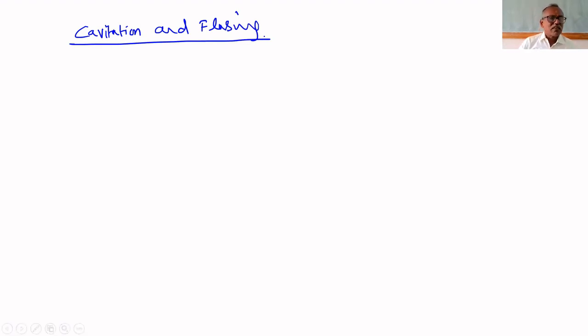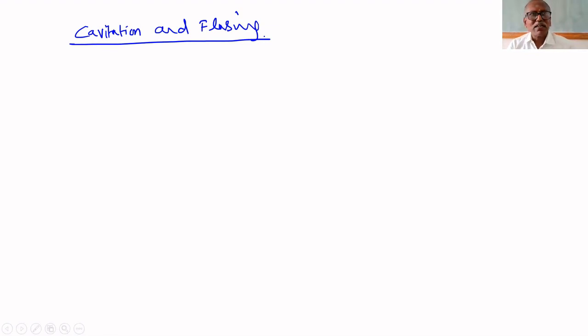For vaporization, if you want to vaporize any liquid, suppose you want to vaporize water, at what temperature will it vaporize? At 100 degrees centigrade, at atmospheric pressure only. If you increase the pressure, the boiling point will increase.